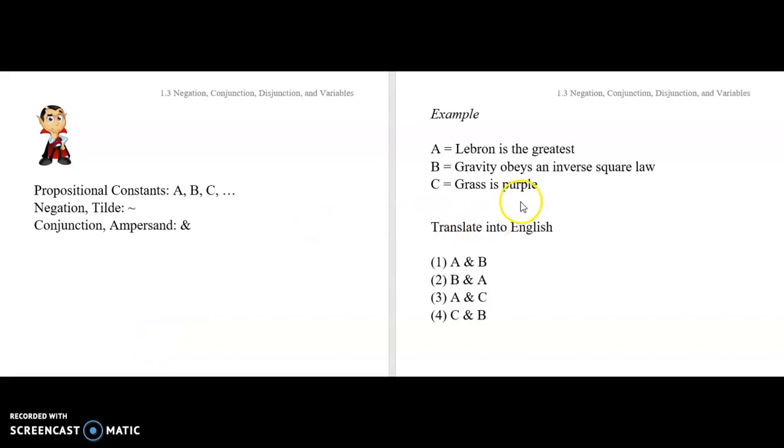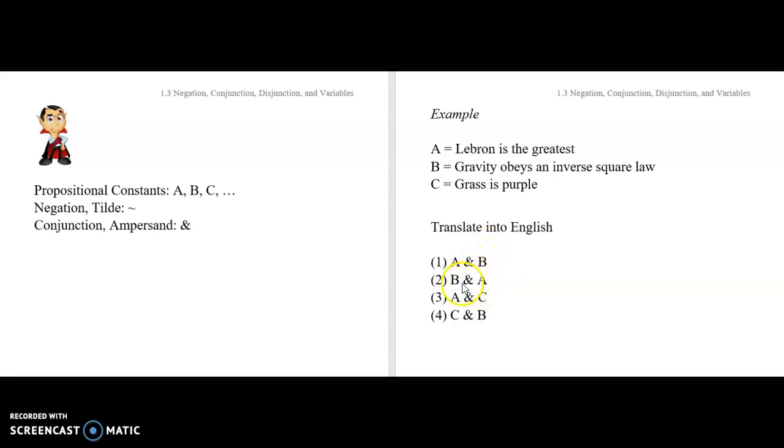Okay, hopefully you've had a chance to do it, but the first one here would just be translated: LeBron is the greatest and gravity obeys an inverse square law. Now, of course, you may have picked up that 1 and 2 are logically equivalent. Again, we will explore that notion in chapter 2, but yes, these are logically equivalent expressions.